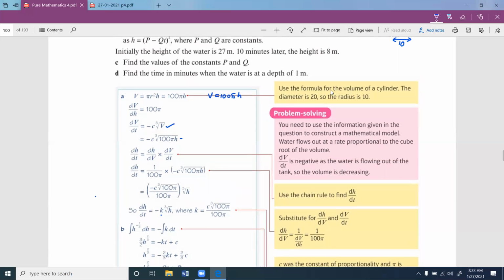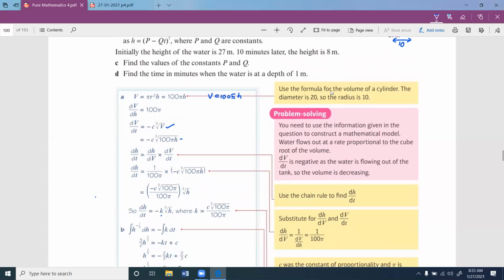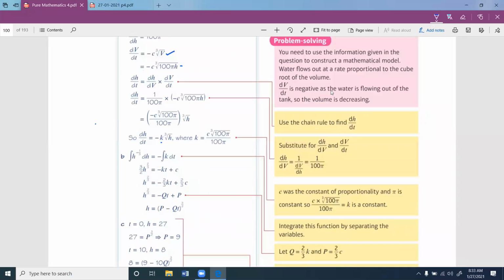Then they mention, show that the general solution of the differential equation can be written in this format. Let's go ahead with this. We know that dH over dt is equal to minus k times h to the power 1 over 3. Then you can write the h variables to one side. So you can put minus k dt is equal to 1 over h to the power 1 over 3 dh.